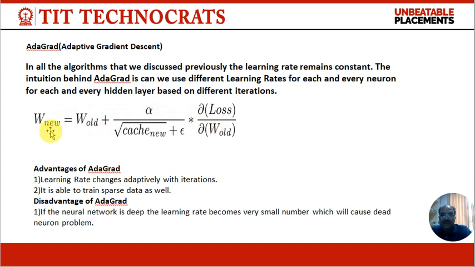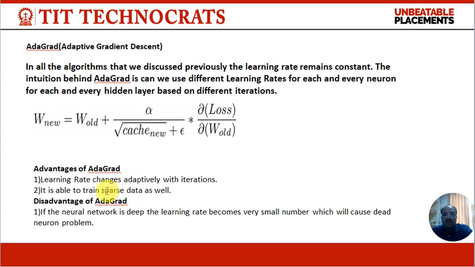The weight updation totally depends on the learning rate and gradient. So the advantage of AdaGrad is that the learning rate changes adaptively with iteration, and it is able to train on sparse data as well.